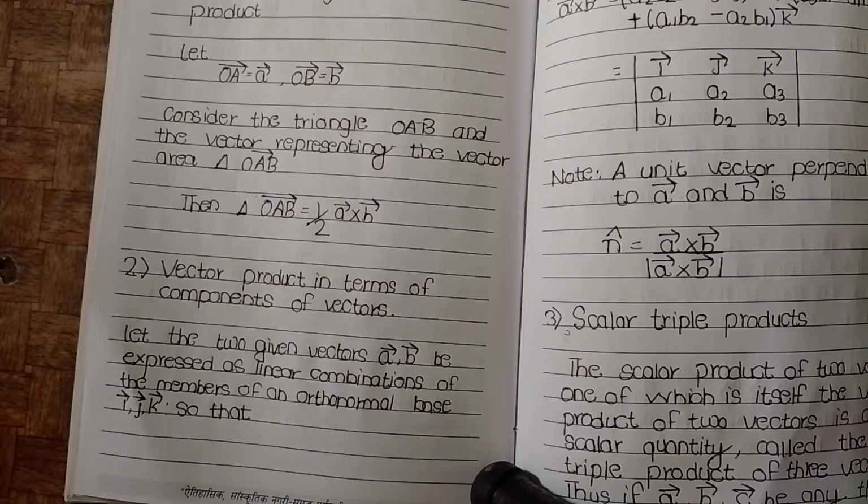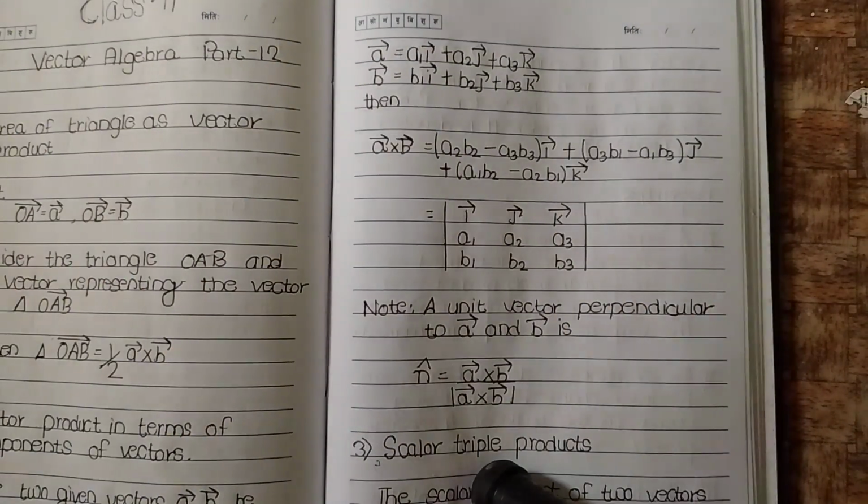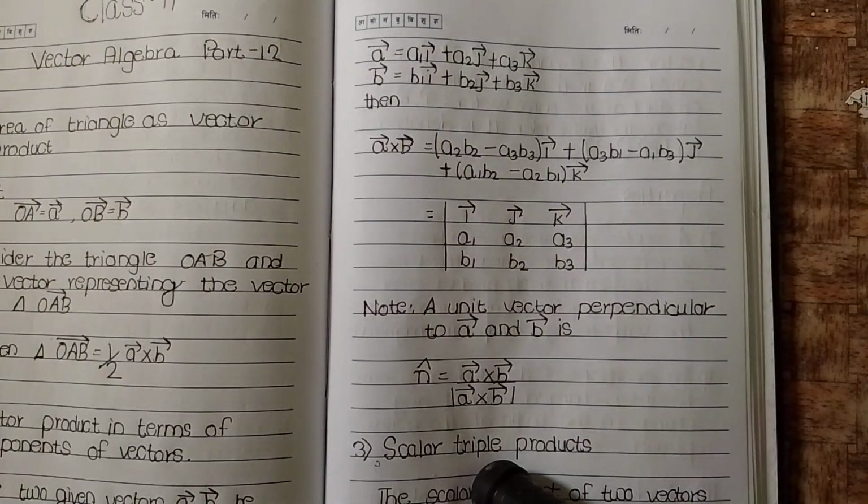Okay, so let the two given vectors A vector, B vector be expressed as linear combinations of the members of an orthonormal base I vector, J vector, K vector, so that A vector is equal to A1 I vector plus A2 J vector plus A3 K vector, and B vector is equal to B1 I vector plus B2 J vector plus B3 K vector.